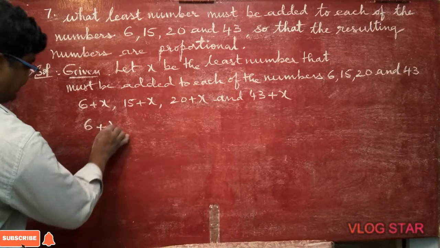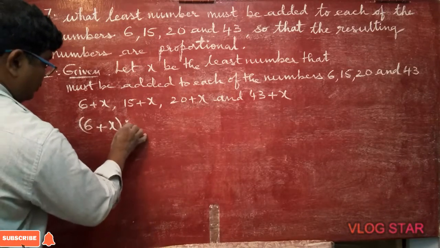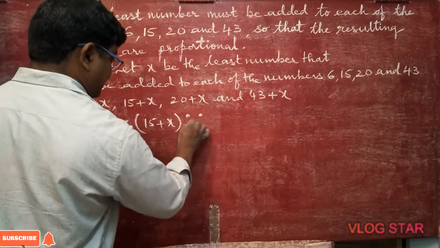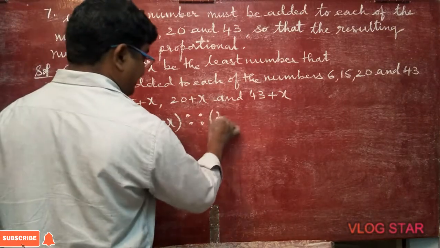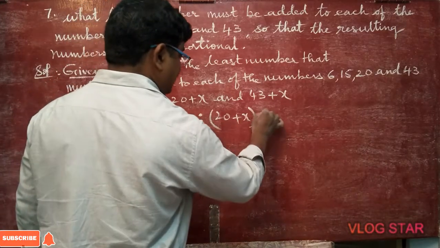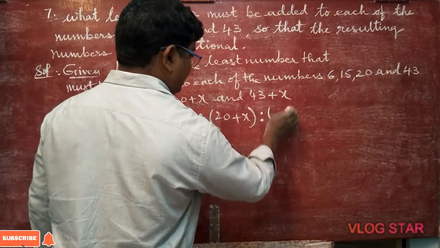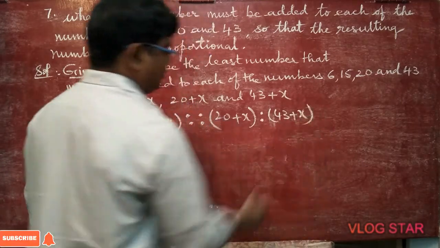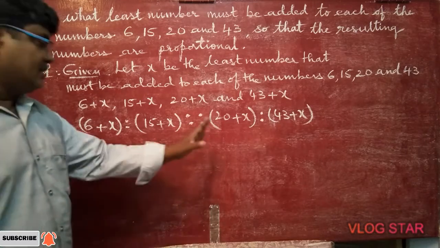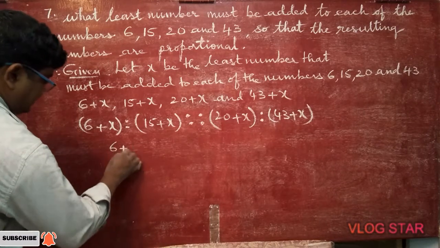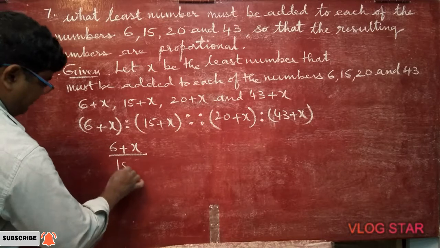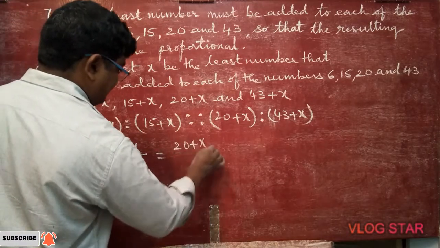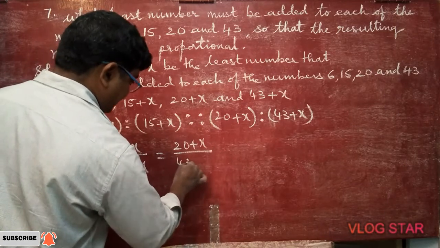So 6 plus x is to 15 plus x as 20 plus x is to 43 plus x. Able to follow? Another form of writing is 6 plus x by 15 plus x is equal to 20 plus x by 43 plus x.